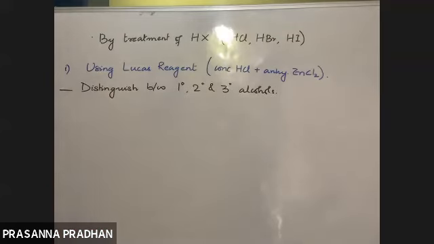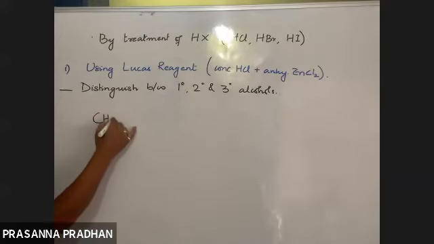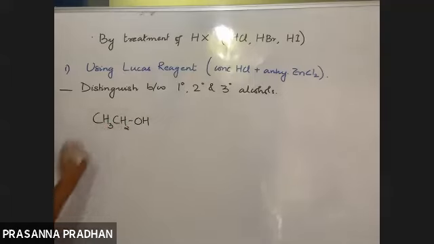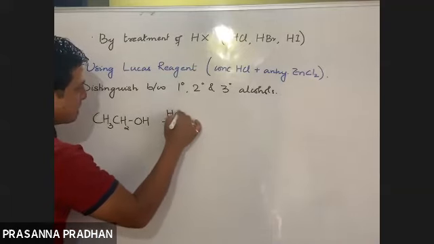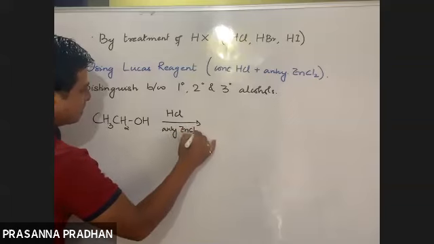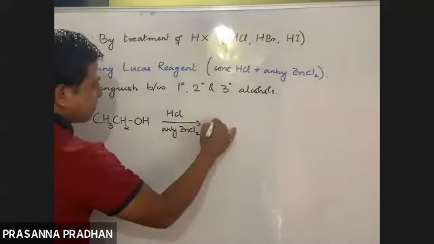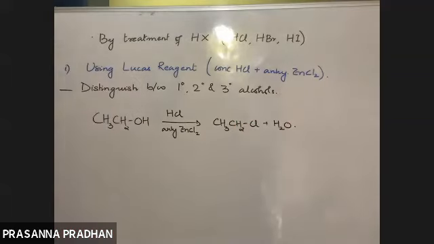Now let us see. First let me start with the primary alcohol, CH3CH2OH. This is ethyl alcohol. On reaction with Lucas reagent, HCl and anhydrous ZnCl2, the OH will get substituted by chlorine, plus we get H2O. So we get ethyl chloride as expected.